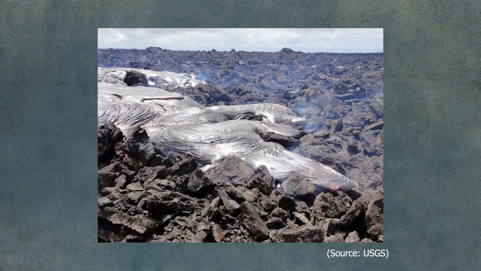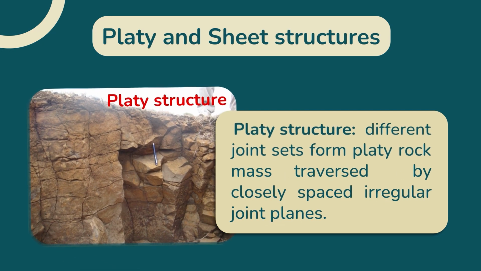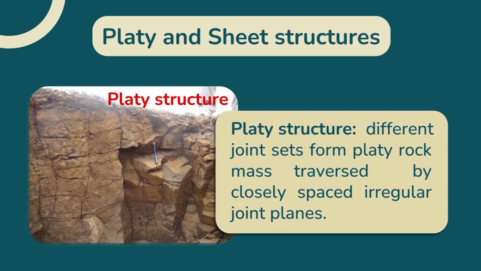You can see the rope-like structure here, and then another structure very commonly seen in volcanic rocks is platy and sheet structures. Platy structures differ when different joint sets form a platy rock mass traversed by closely spaced irregular joint planes.